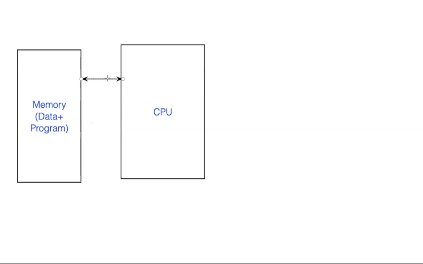When it finishes, it will store the result back to the memory. Of course, how do I enter data? Another portion is that we have certain kinds of input devices.